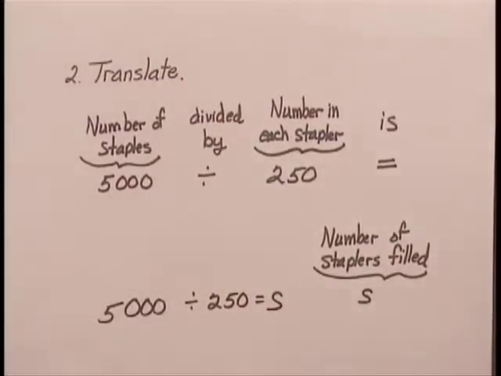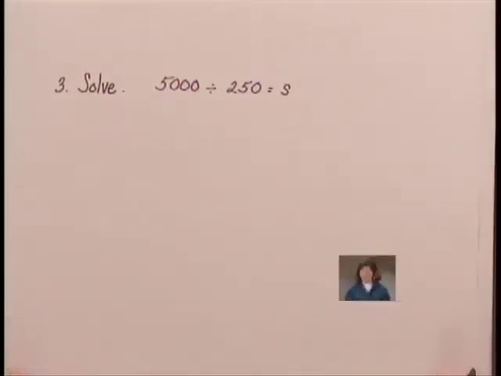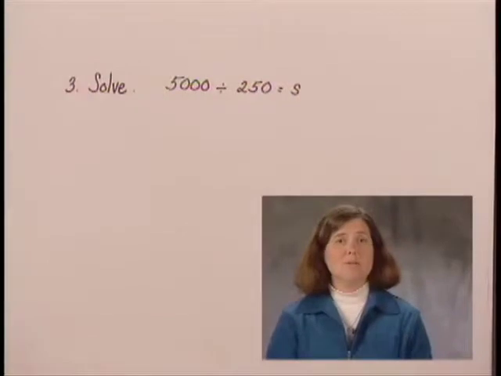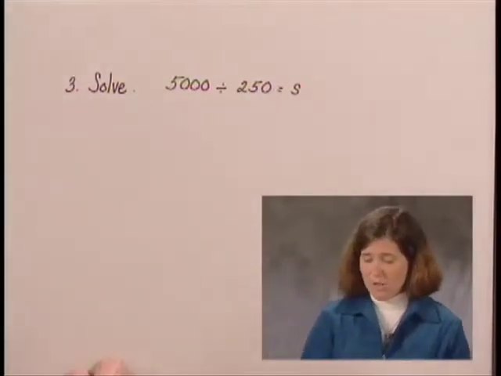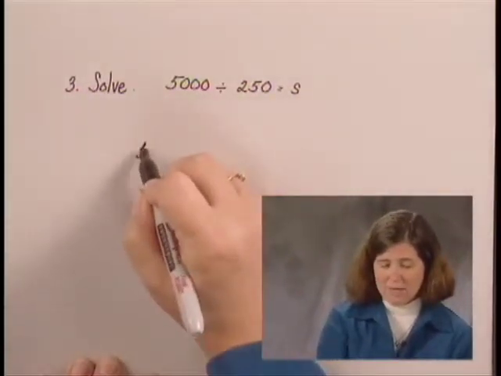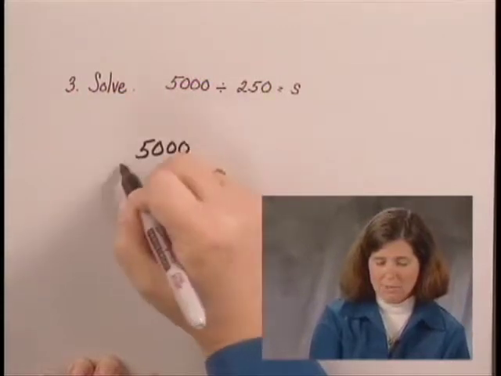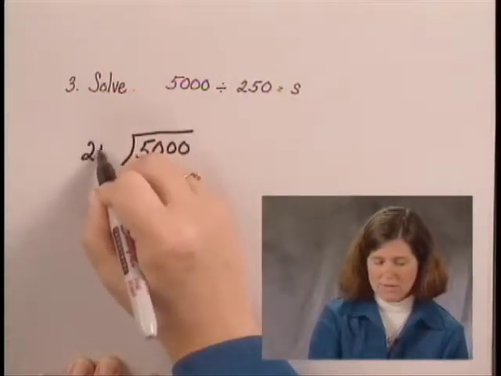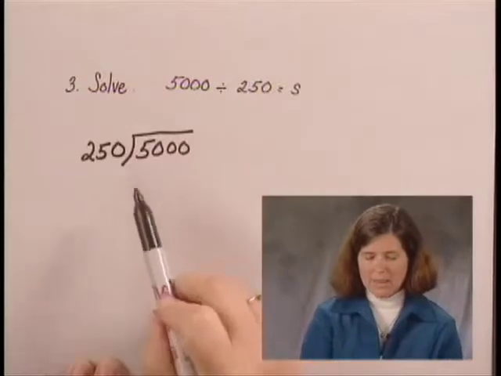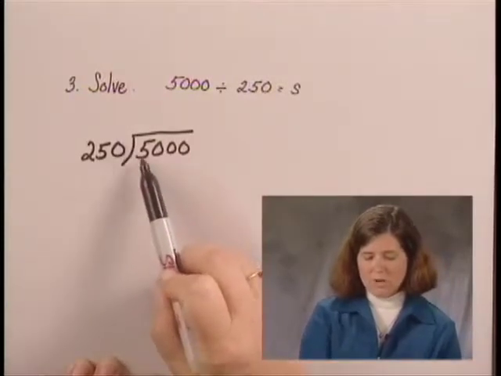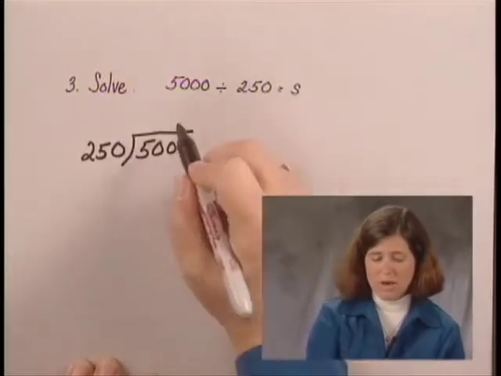And now we're ready to go to step 3 of the process, which is to solve the equation for S. In this case, to solve for S, we need to carry out the division. We need to divide 5,000 by 250. We think 250 goes into 500 2 times.